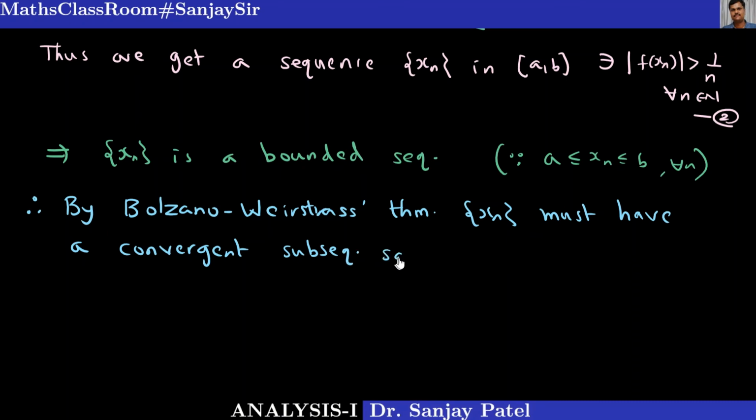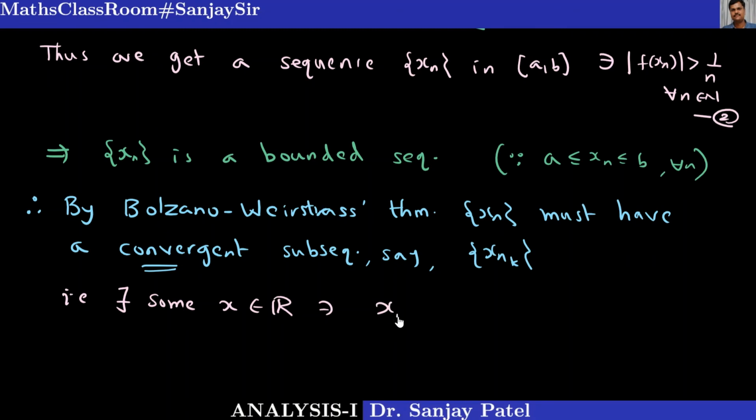Let us call that subsequence xnk. The sequence xn has at least one convergent subsequence xnk, so there exists some real number x such that xnk converges to x.